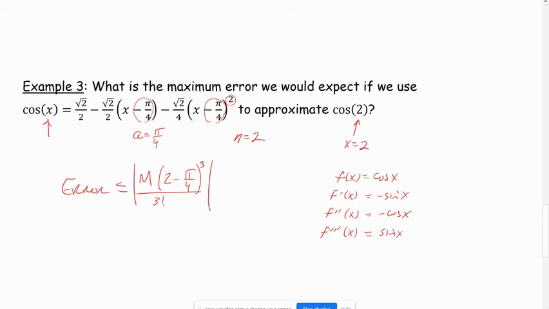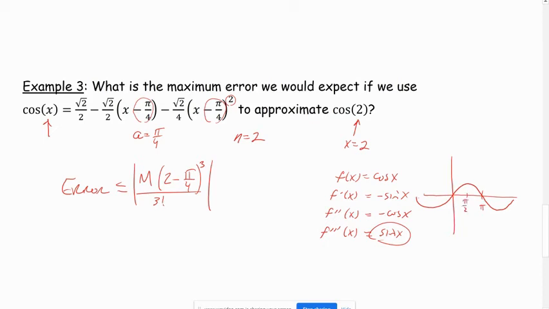And so M is the maximum magnitude of this cosine graph, or sorry, this sine graph. Sine, remember sine looks like this, and this is pi, reaches its high point at pi over 2, and so on.